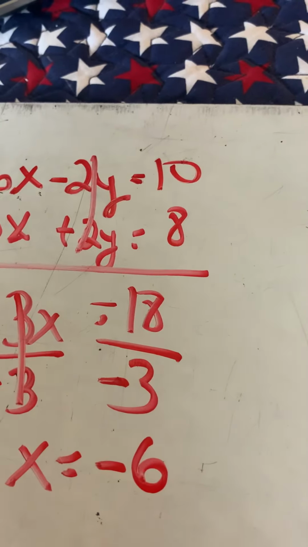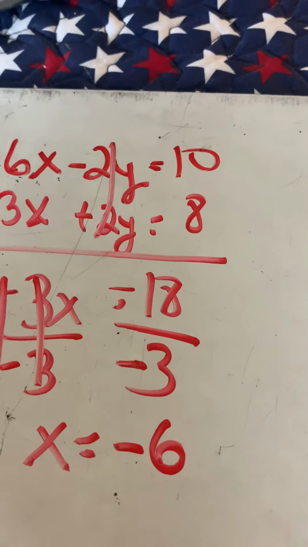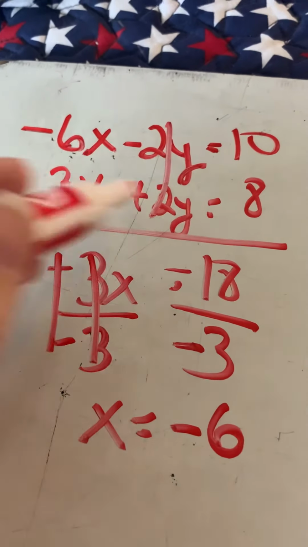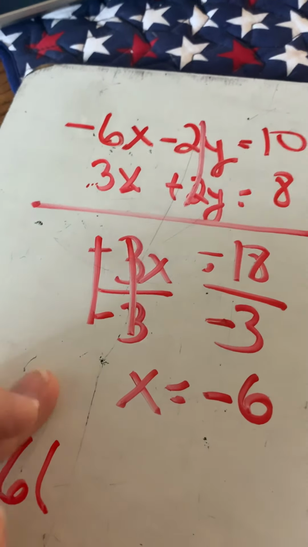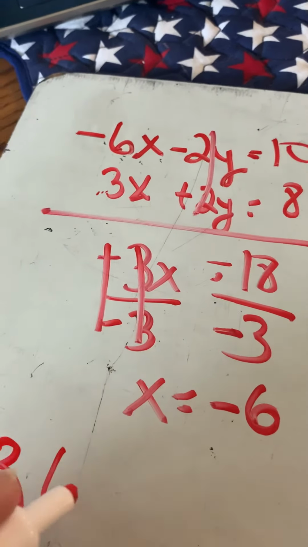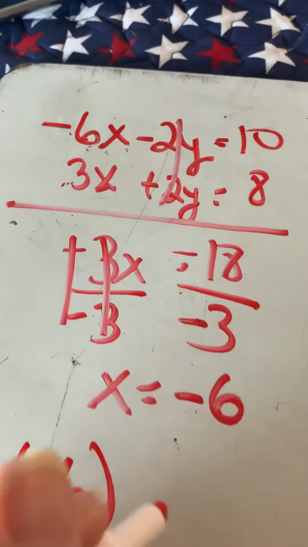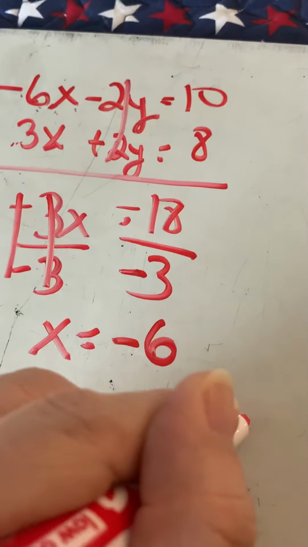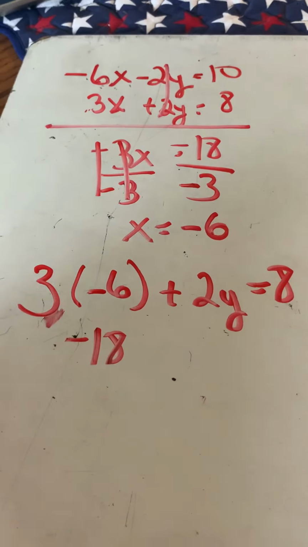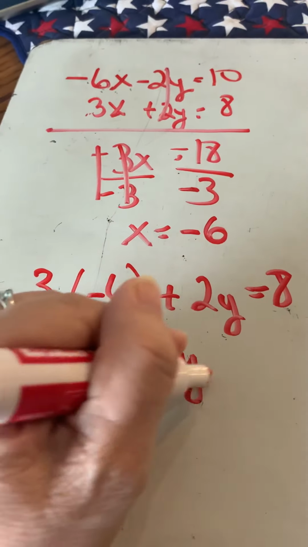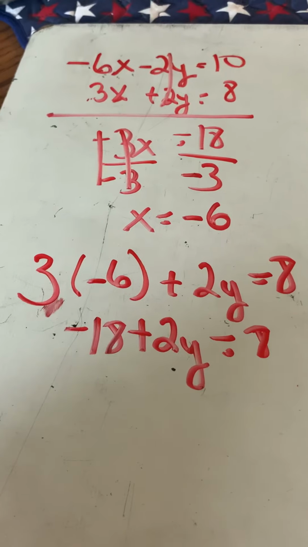Now you know that x equals negative 6. Plug it back into one of the original equations. I'm going to use the positive one: 3 times negative 6 plus 2y equals 8. When you multiply that, you have negative 18 plus 2y equals 8.